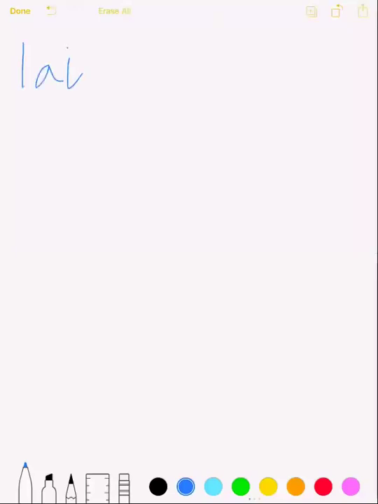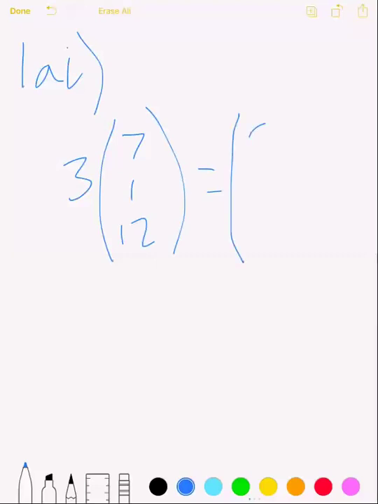Forgot how to do this. So it's just multiplying. So what we're doing is 3 times the vector 7, 1, 12, which means you just multiply each thing by 3. So this would be 21, 3, and 36. Not too bad, right?